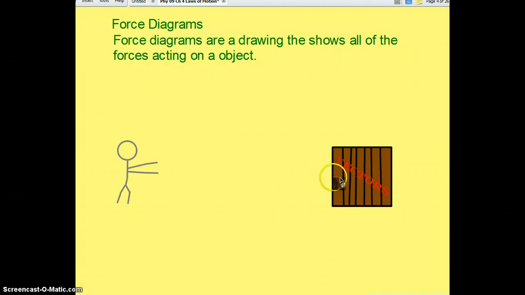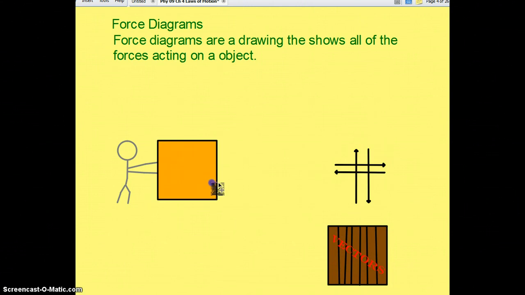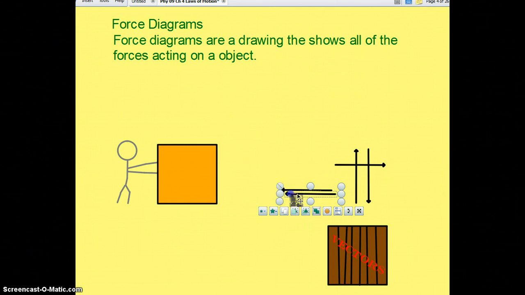We're going to make force diagrams. Now, the thing about a force diagram is you have the objects in question, so Bob and the box, and then you would draw arrows emanating from the inside of it going in all directions here. So maybe that's some sort of resistance force on Bob, and this is some sort of resistance force on the box.